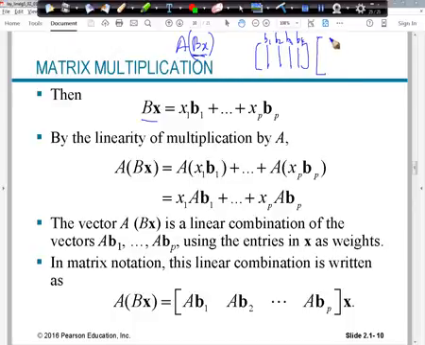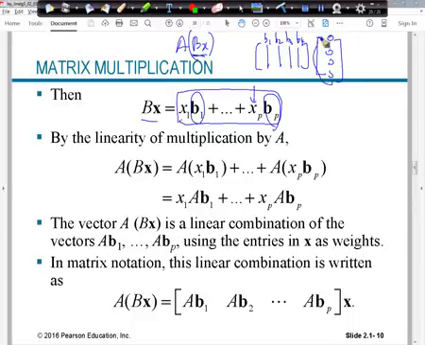Then x should have 4 different entries because they work as linear combination coefficients. In terms of a vector equation, it can be represented as a linear combination of these vectors using the coefficients x1 through xp.